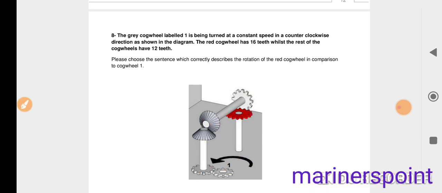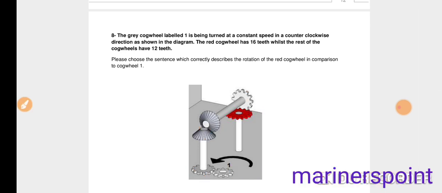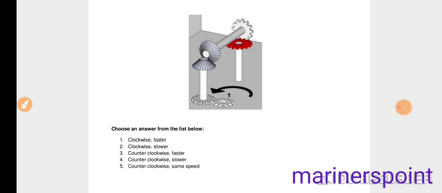Okay, one more time, this is anti-clockwise, external gear so it is clockwise, same rod same speed, that means clockwise. Now external gear anti-clockwise, same rod same speed, and now clockwise. So our right answer is clockwise and slower. Right answer will be second.